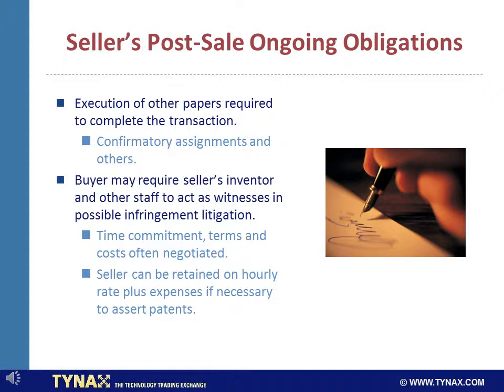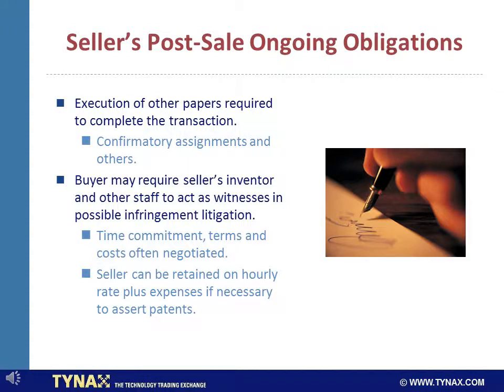When investigating the chain of title to patents, the title and ownership generally passes from the inventor to the company, then from company to company, in a chain of assignment documents that are signed by the assignor. If one of these is missing, or if the signature is unclear, the buyer may require the seller to produce a new document confirming the assignment was valid. These confirmatory assignments may be required of the seller after the patents have been sold.